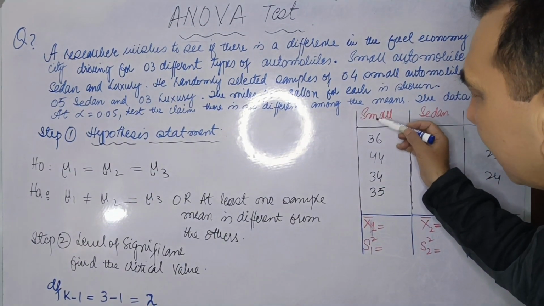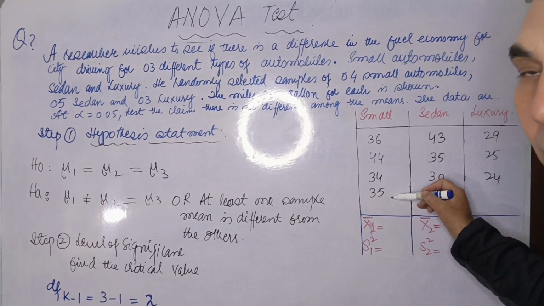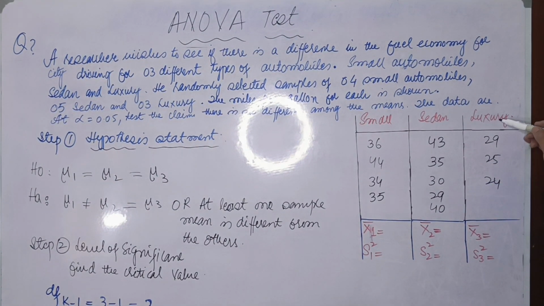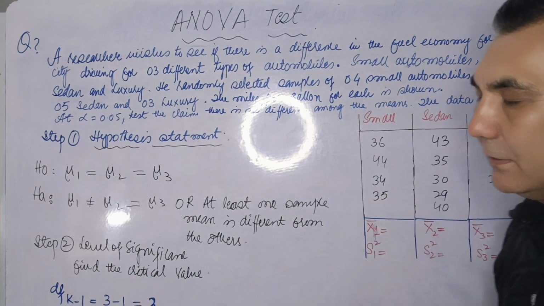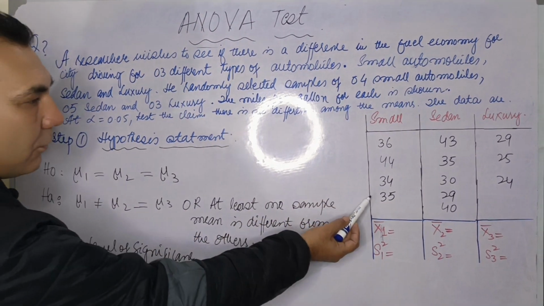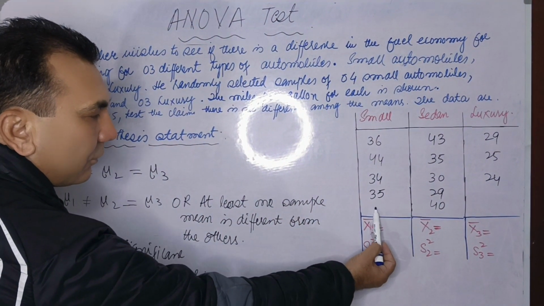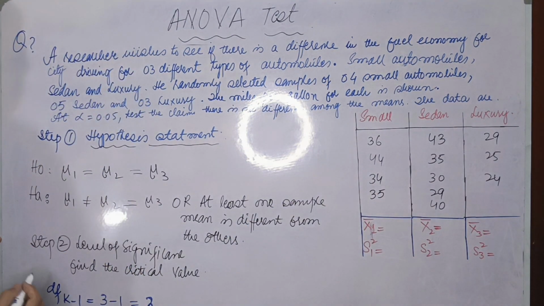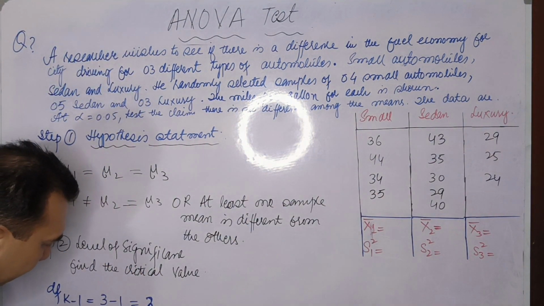So in the small automobile group he selected 4, from the sedan automobile he selected 5, and from the luxurious he selected 3. So we sum up all three: 4 plus 5 is equal to 9, 9 plus 3 is equal to 12.